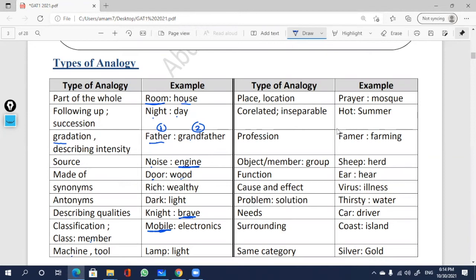Machine, tool, lamp, light. A lamp is a tool which produces light. Then we have also place, location, prayer, mosque. A mosque is a location for prayer.